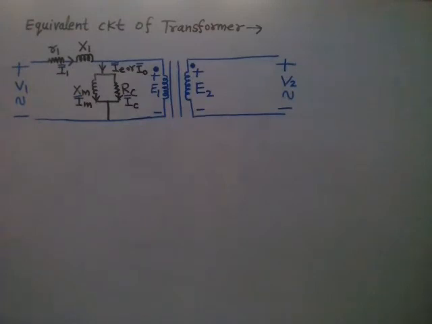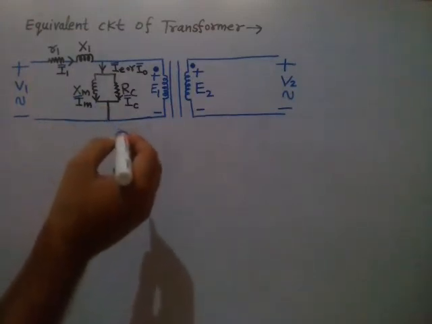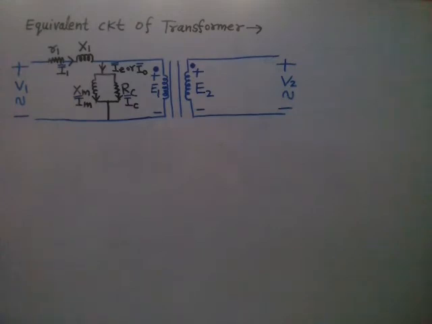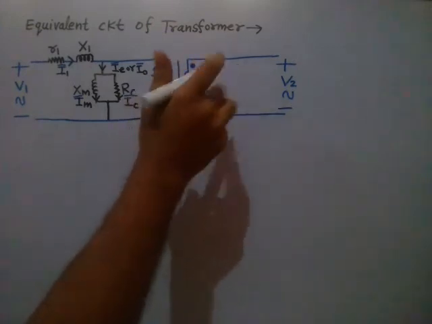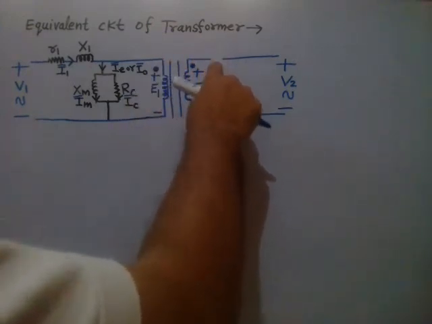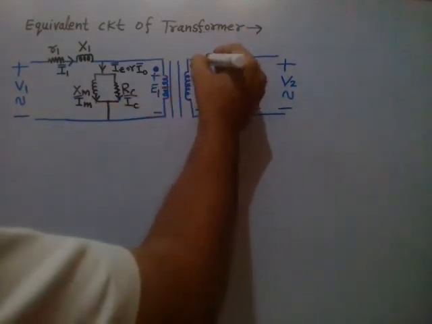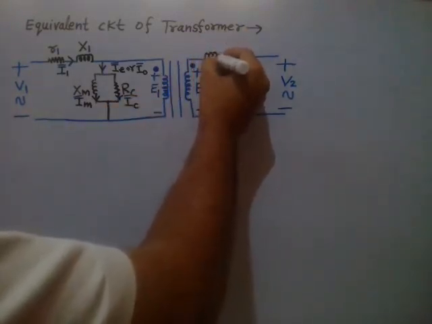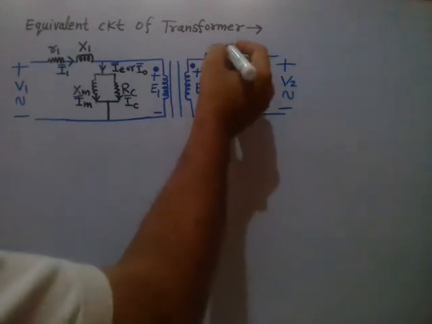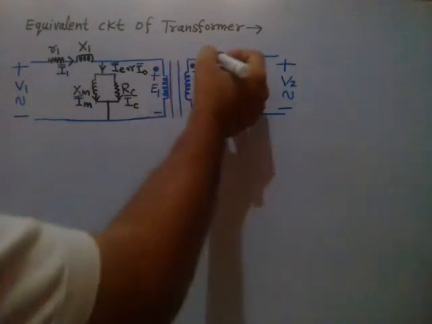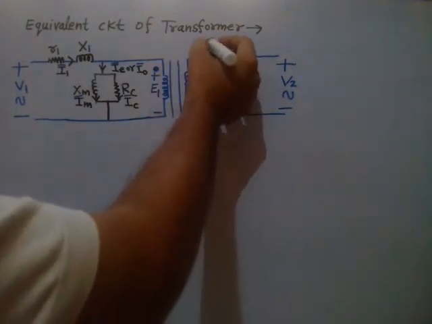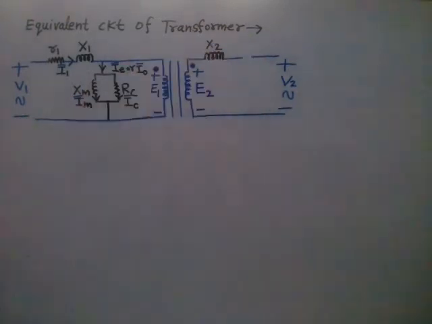Likewise, we can represent the secondary copper winding by resistance and inductance. So here the secondary winding inductance is L2, or the reactive part, the leakage reactance of the secondary winding, will be X2.